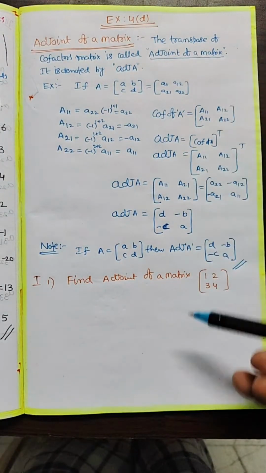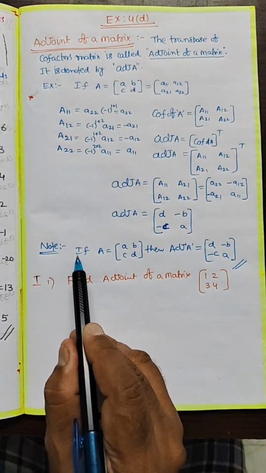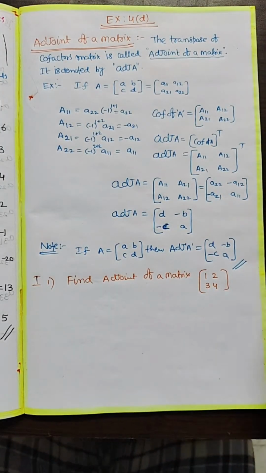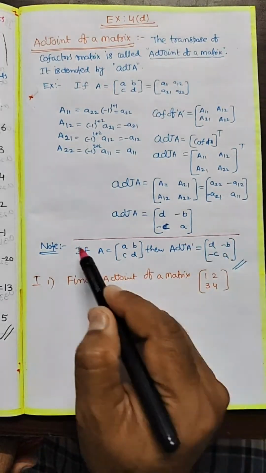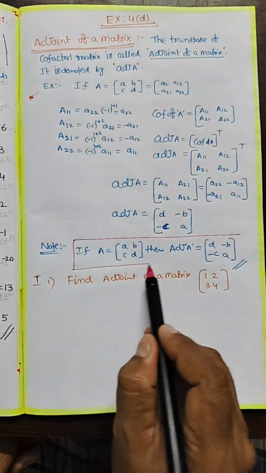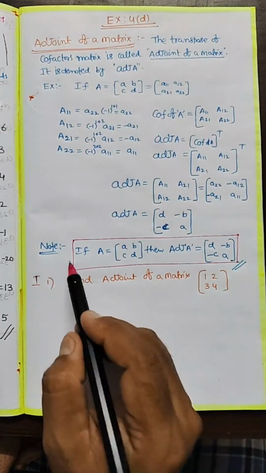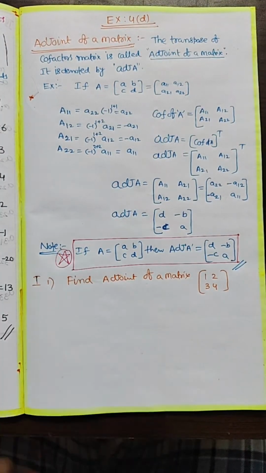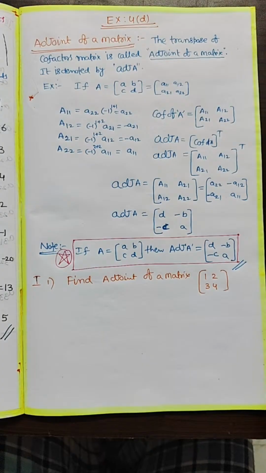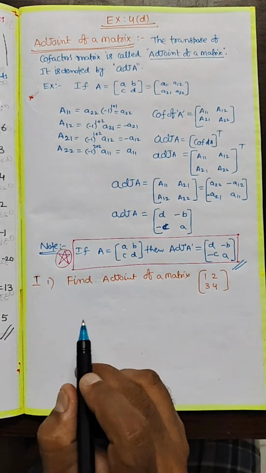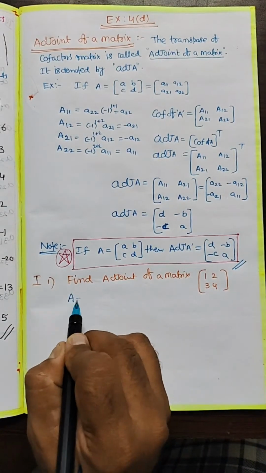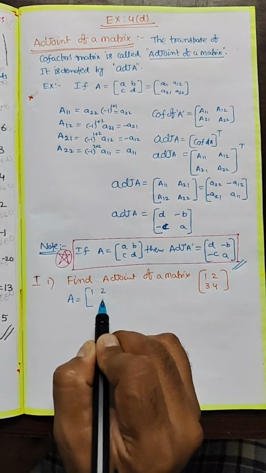This procedure no need to write, because we have to apply this formula. Whenever you know the procedure, you have to apply it. Based on the marks, if it is 2 marks or 4 marks, based on the steps, you have to write it. So let A equal 1, 2, 3, 4.